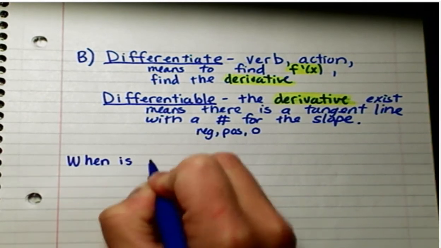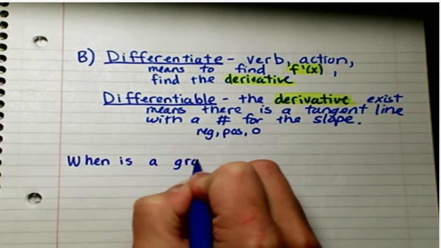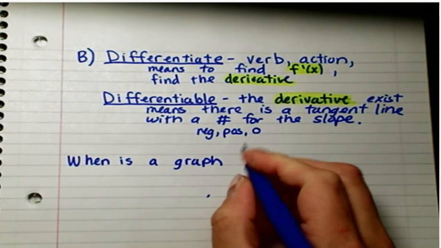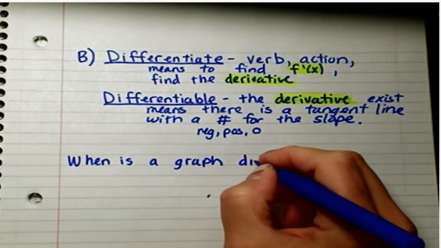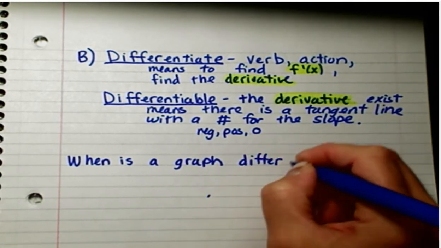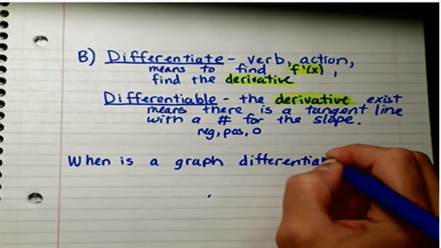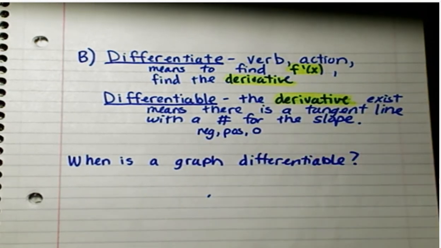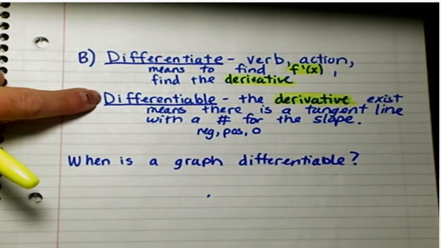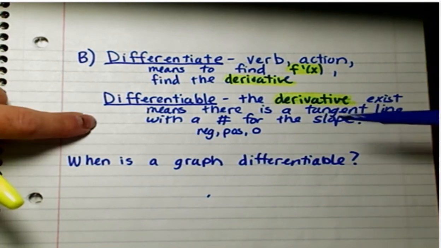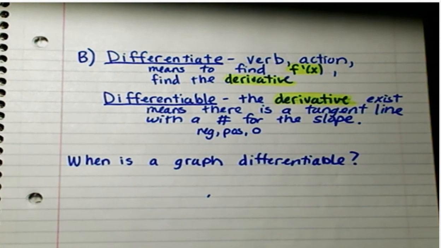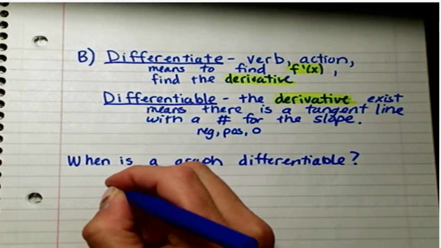When is a graph differentiable? When does the graph have a tangent line with a number for the slope? Okay, so I'm going to think of pictures, because this is all graphical right now.